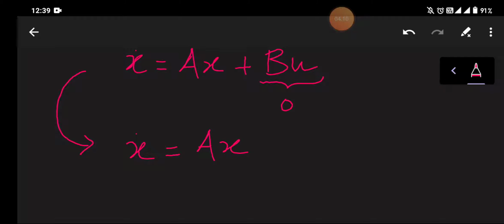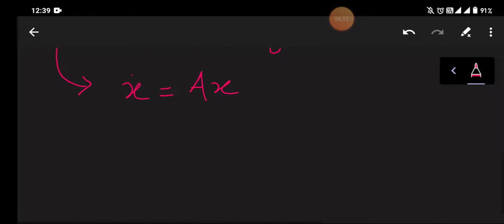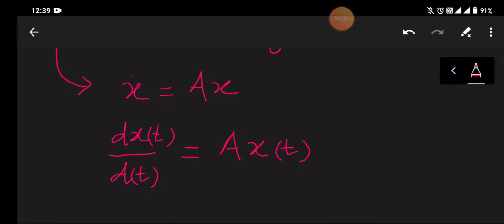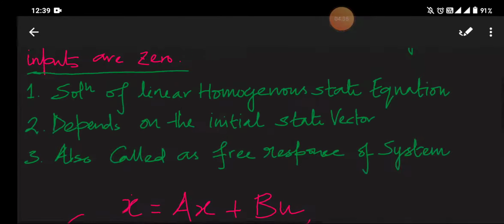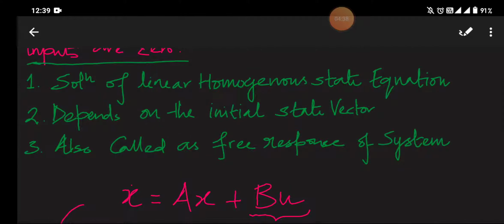These are in time domain right now. That means dx by dt will be equal to ax of t. Here we have defined that the solution of this equation is our state transition matrix.